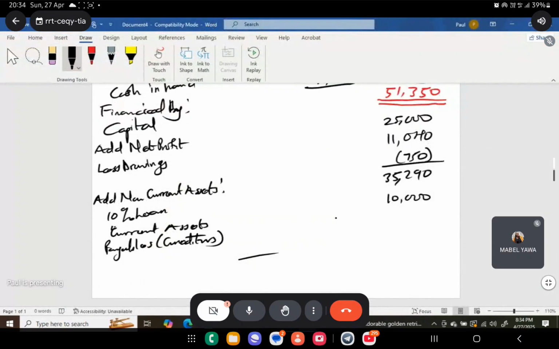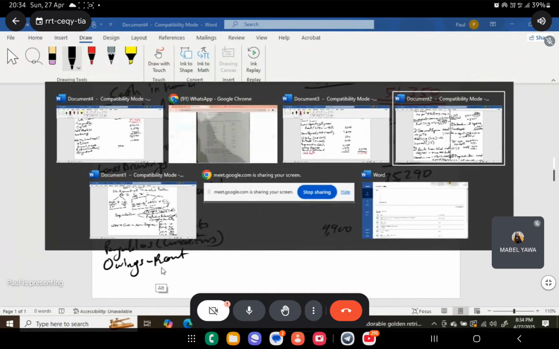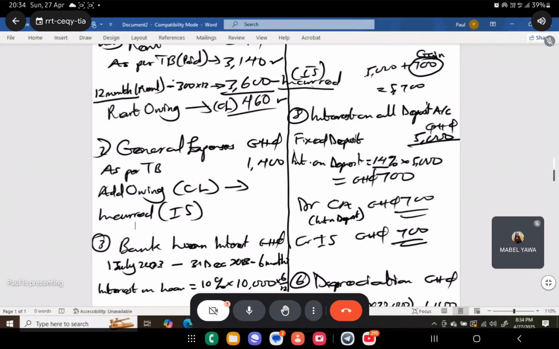So 4,900. Then we add the owings. So you see there were some owings, rent, and there were some owings. Hey, where did the figures pass?